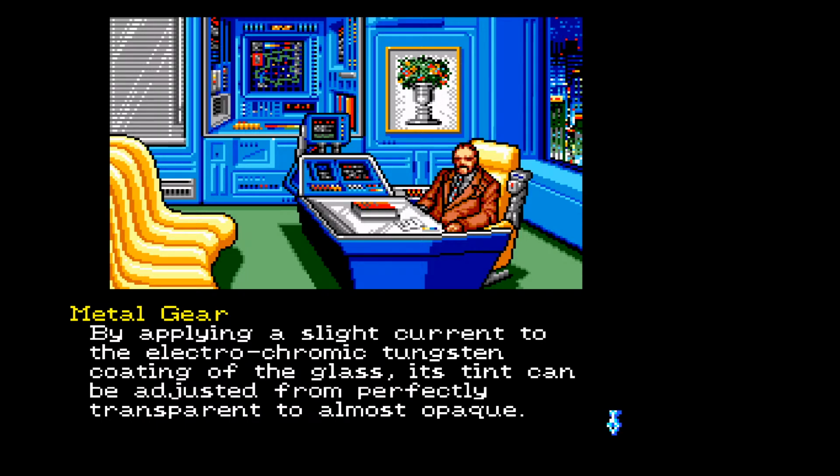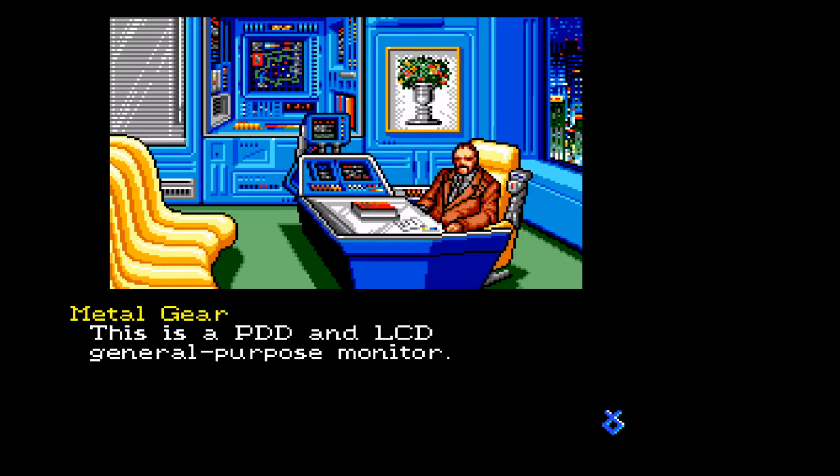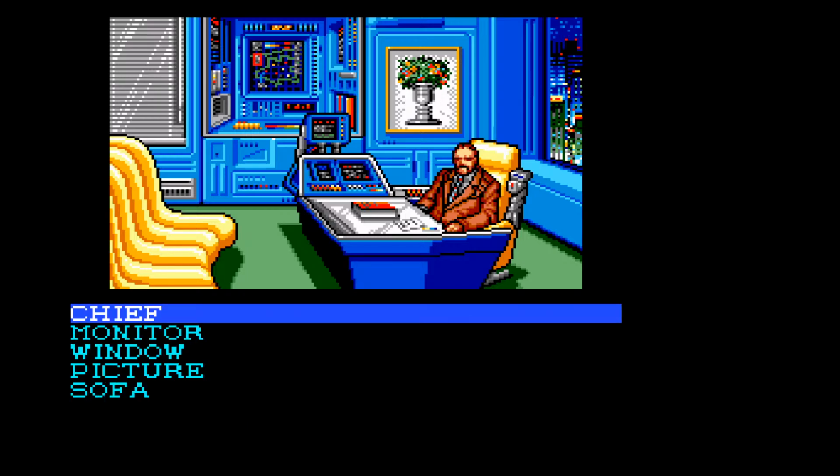Huh. Jeez, they already had LCD in the 80s. I didn't realize that. I thought LCD was invented in the 90s.